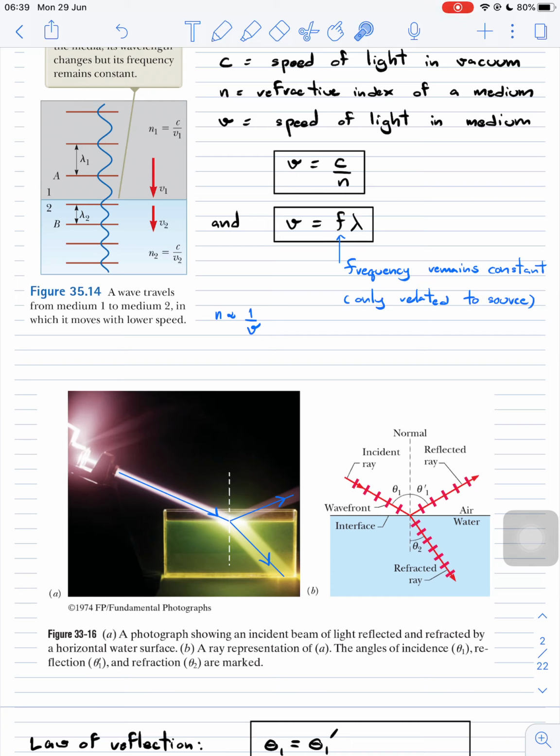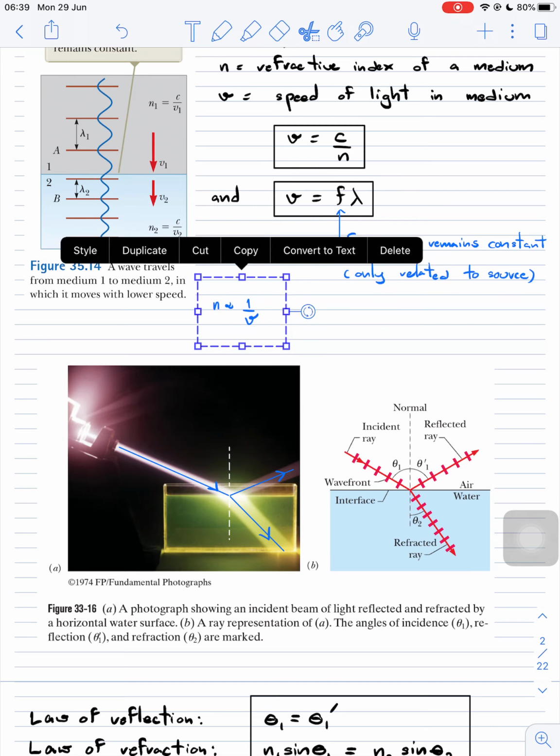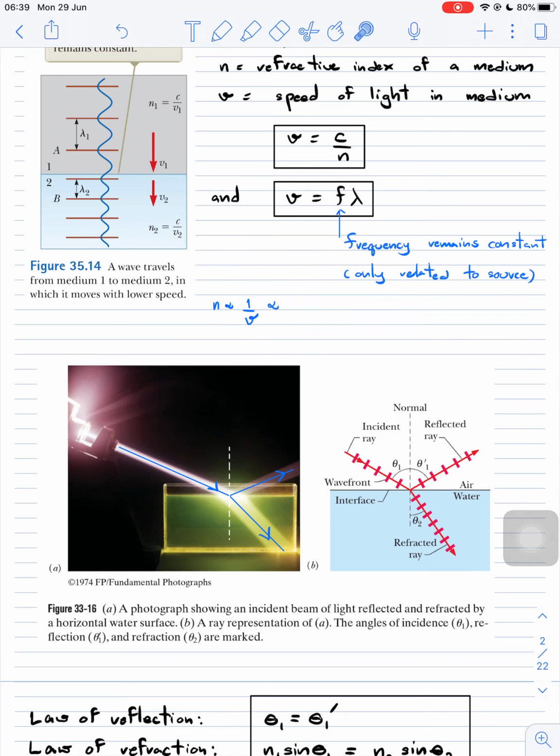But v is proportional to the wavelength, so n is inversely proportional to the wavelength as well. It means that if n is large, the wavelength of the light will be small. If n is small, the wavelength will be large.